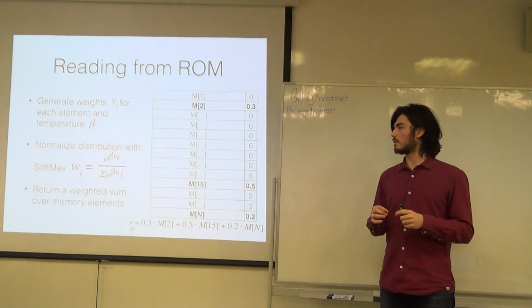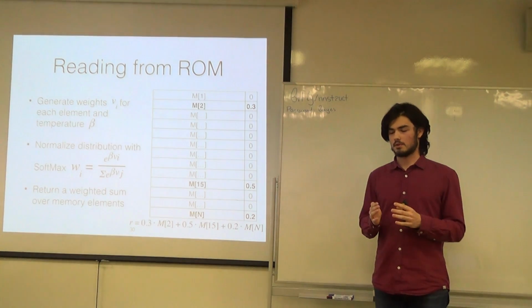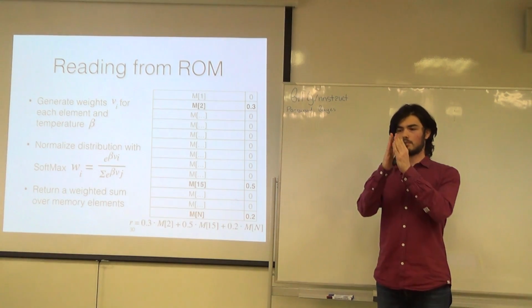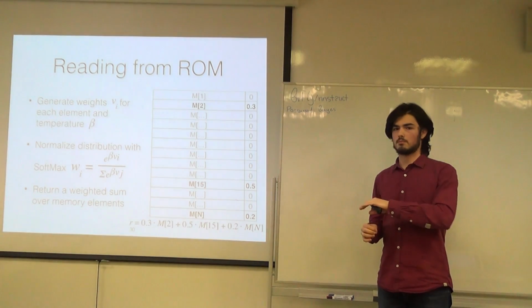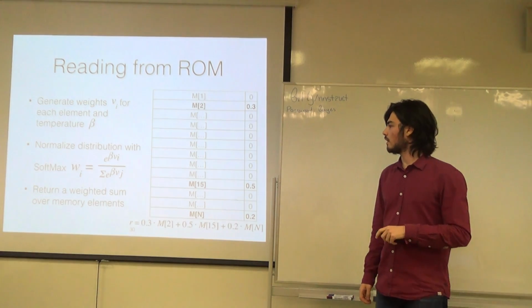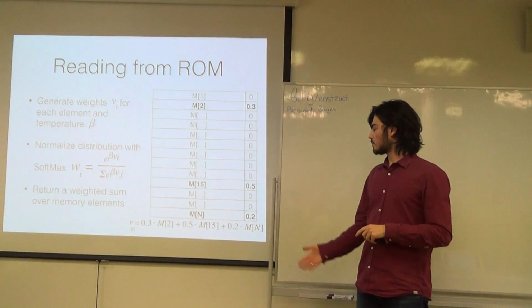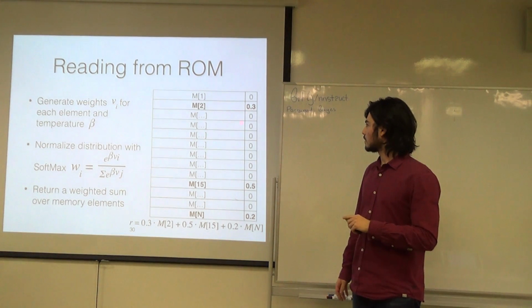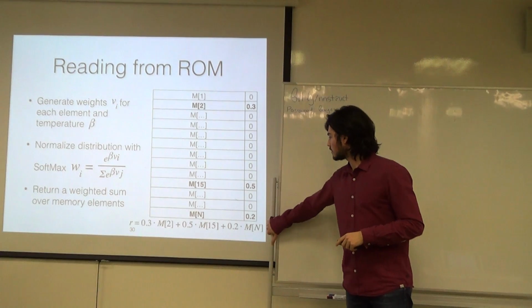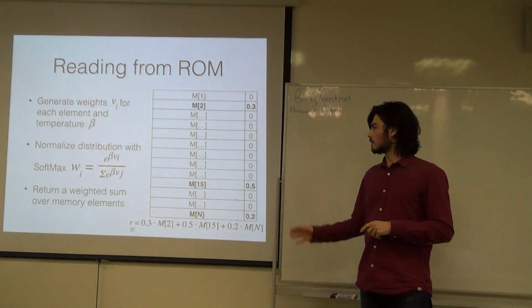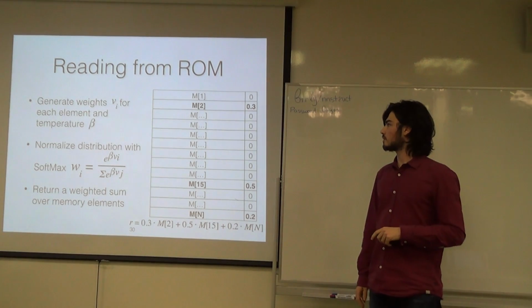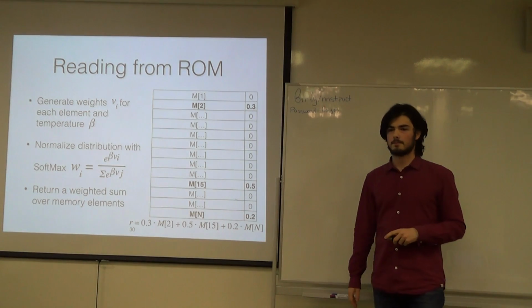For example, if beta is large, we will attend only one cell, and if beta is small, we will have some blurry distribution. And then we compute the weighted sum with weightings generated by this form.